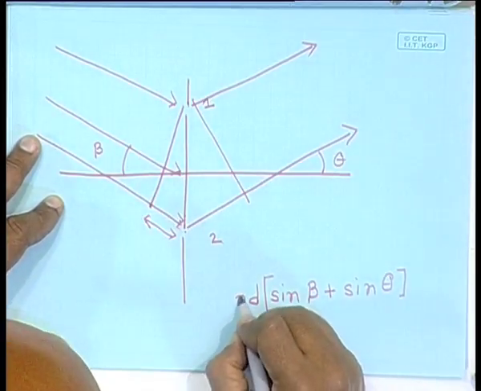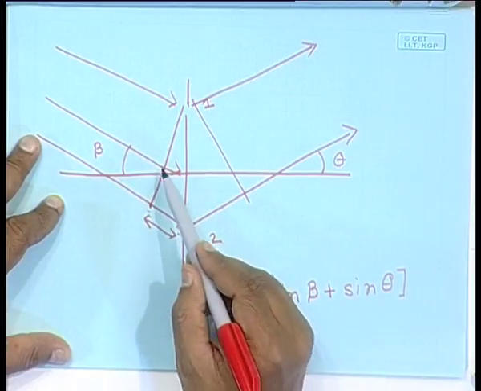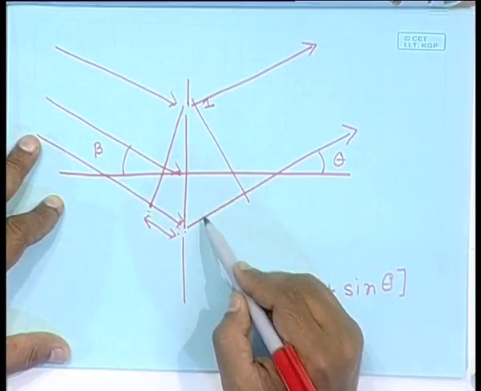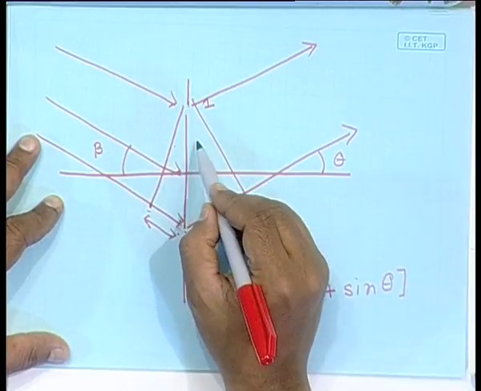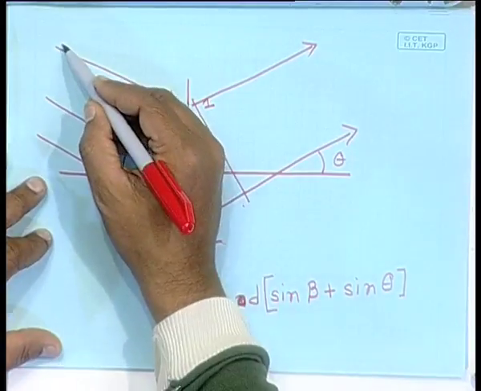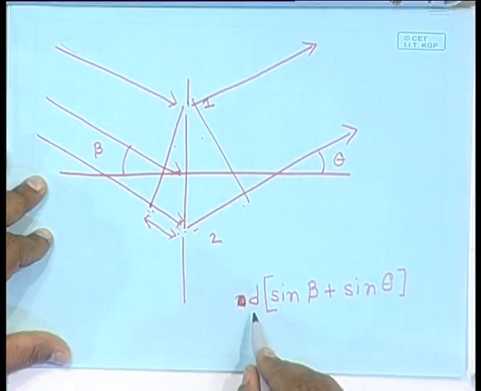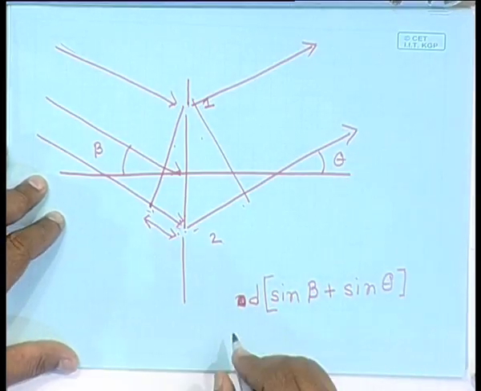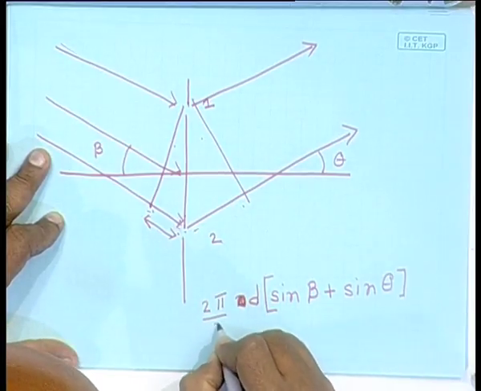So, this is d sin beta and this is d sin theta. This angle is beta, this angle is theta. So, the total path difference between the wave that goes through slit 1 and the wave that goes through slit 2 is d sin beta plus theta. To calculate the phase difference, you have to multiply this with 2 pi by lambda.